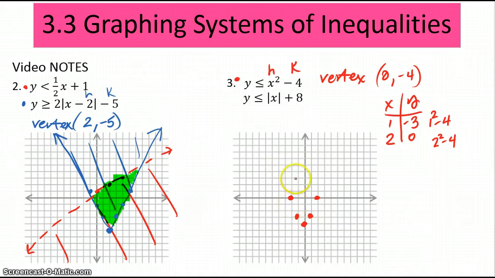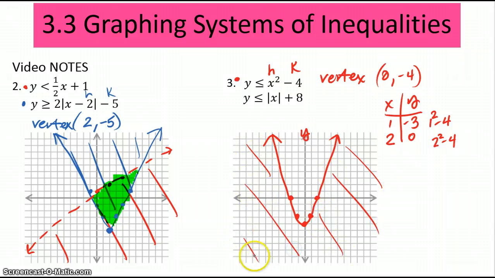That's going to be a solid line because of the or equal to. So I'm going to draw my pretty U and extend it up into the graph. Now this is less than, so I want the y's less than. Again, there's your y-axis. I want all the y's less than. So essentially I want the outside of my parabola.